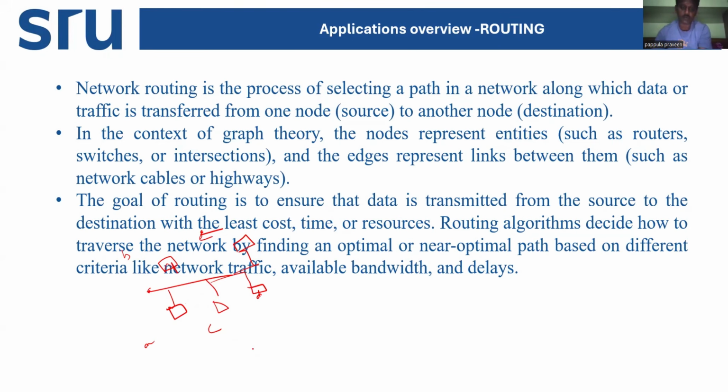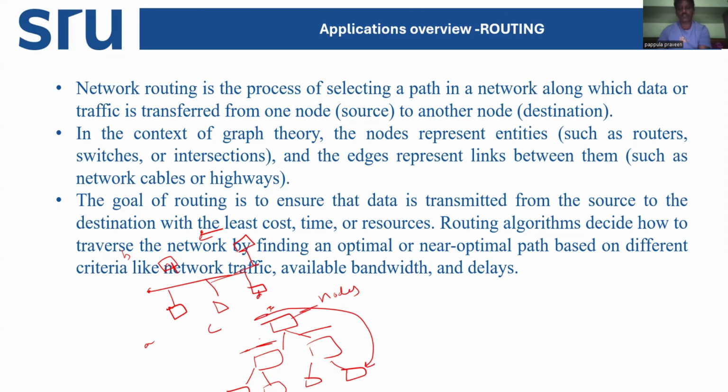Another topology is the hierarchical topology, like a tree. Now we have to transfer data from this node to this node, we assume. These are all the edges, and these points are called the nodes or vertices. Now we have to transfer data from source to destination via the hierarchical network.